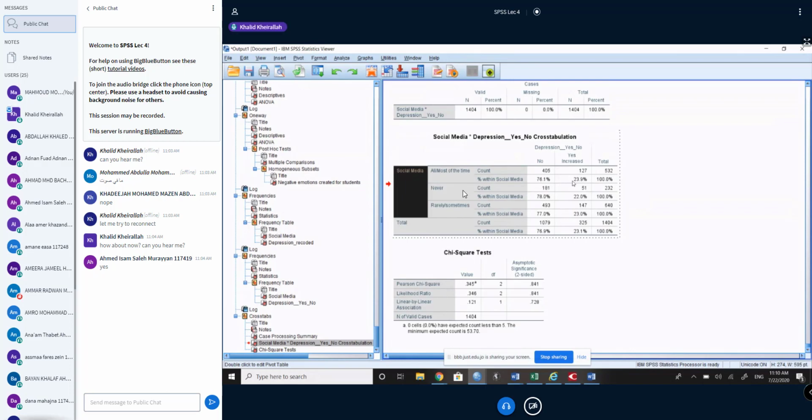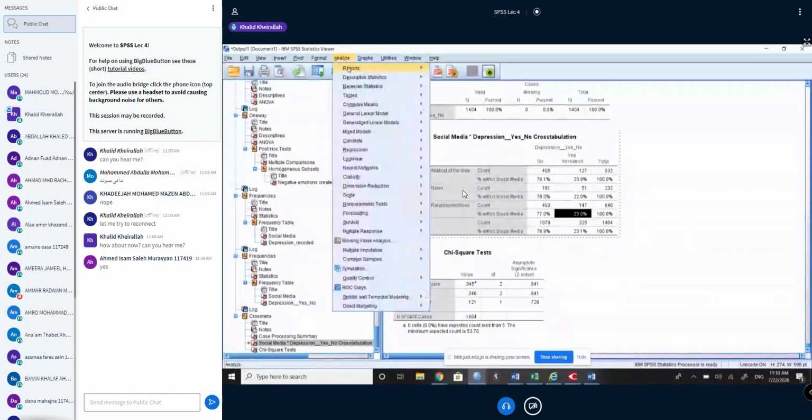Because those who watch social media as a main source of information for COVID had a depression of 23. They watched it all the times. If they did it some of the times, it's 23, and if they never did, it's 22. So these differences are not statistically significant. Let's look for something else.